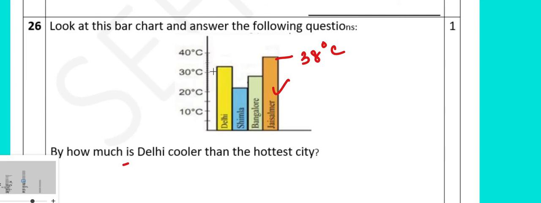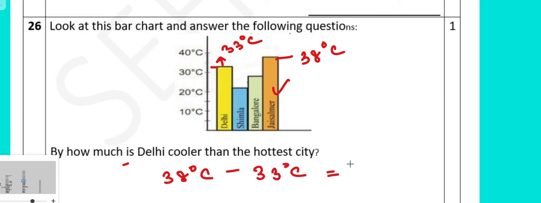If we look at the value of Delhi, it is somewhere here, which is 33 degrees Celsius. So in order to find the difference, we subtract 38 degrees Celsius minus 33 degrees Celsius, which is equal to 5 degrees. So Delhi is 5 degrees cooler. This is our answer for sum number 26 right here.